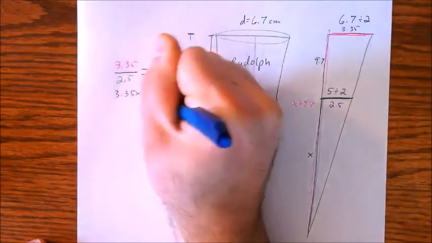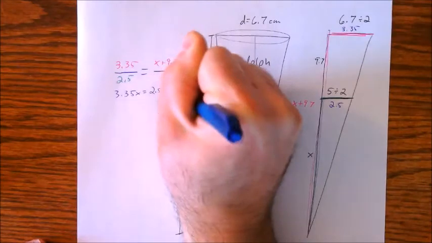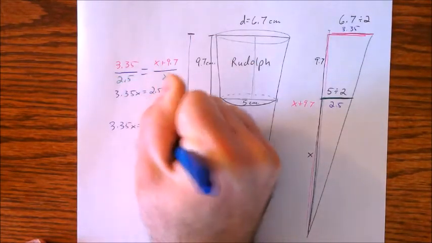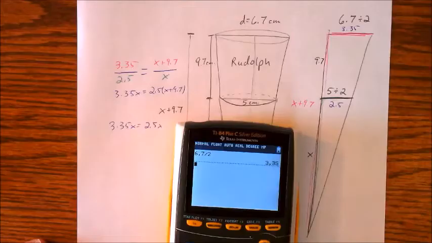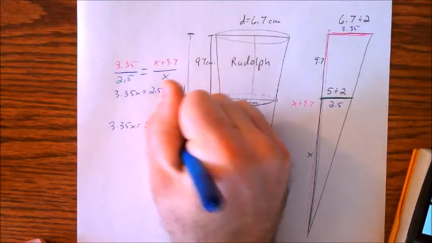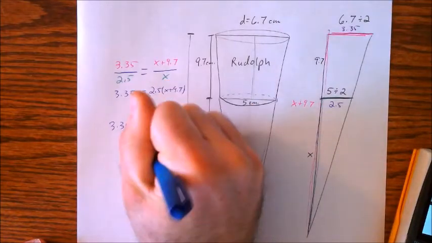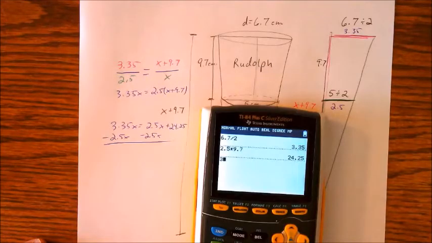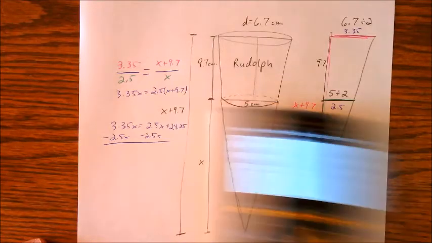Alright, so then we're going to cross multiply. 3.35x is equal to 2.5 times x plus 9.7. So 3.35x is equal to 2.5x, and then I have to do 2.5 times 9.7, which is 24.25. If I subtract 2.5x, so 3.35 minus 2.5, we get 0.85x equals 24.25.